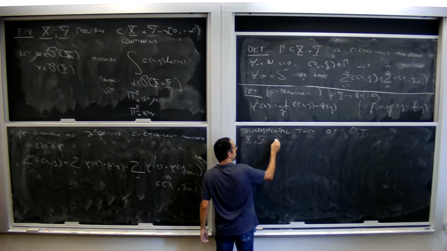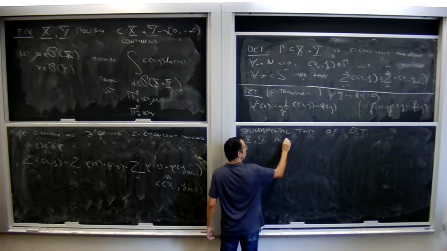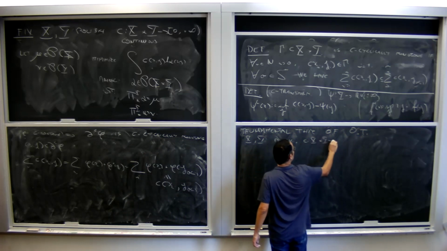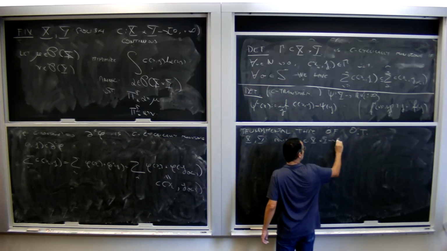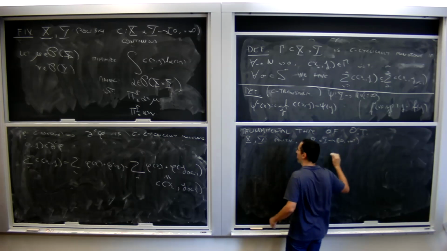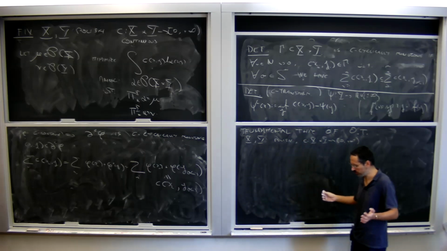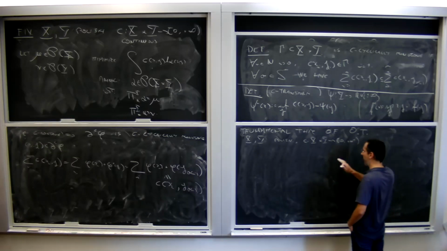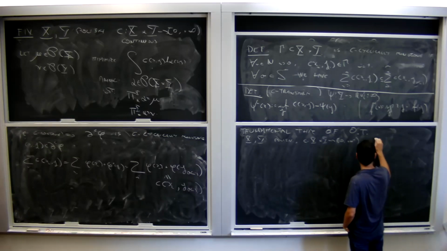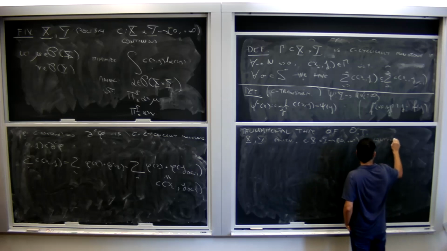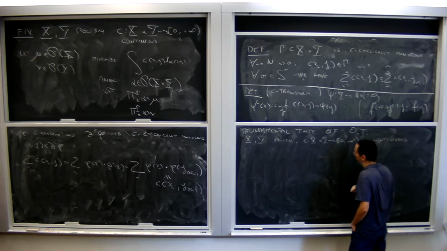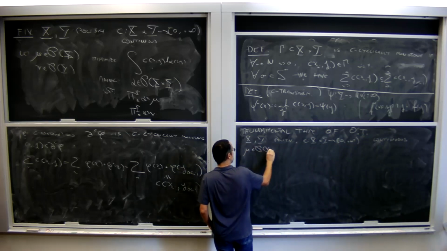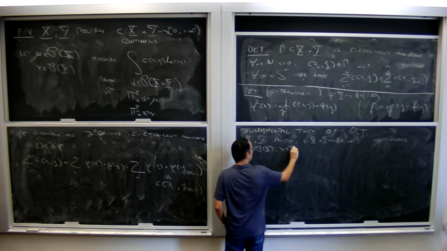X, Y complete Polish spaces, c from X cross Y to [0, plus infinity), continuous. I'm putting loads of assumptions that are totally unnecessary, but they're more than sufficient to cover the case that I actually care about. Mu a probability measure on X, nu a probability measure on Y.